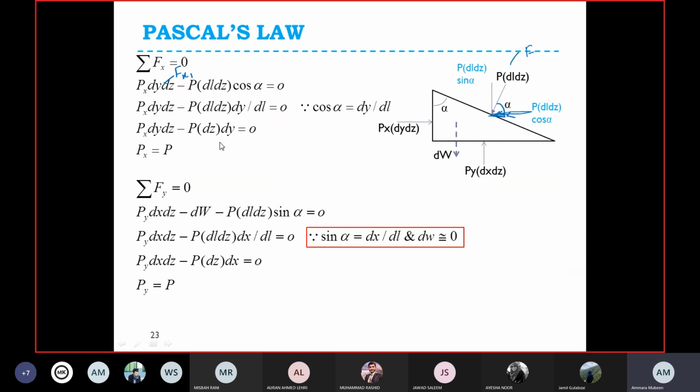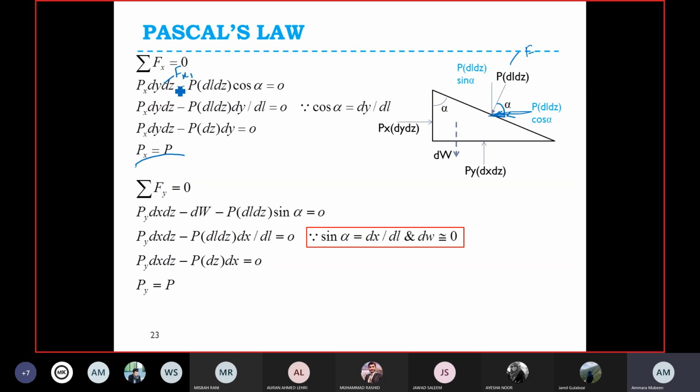So putting the value of cos alpha here, finally you'll get this equation: Px is equal to P. It means that the pressure on the x-axis is equal to the pressure on the inclined surface. So this has been proved through the law of equilibrium.